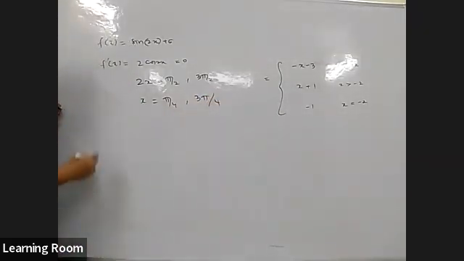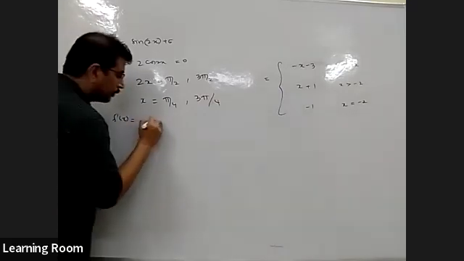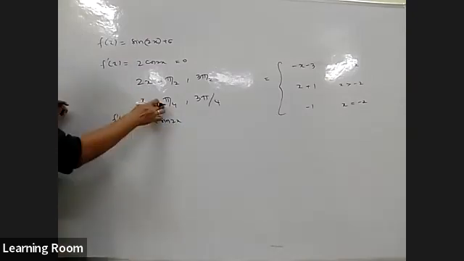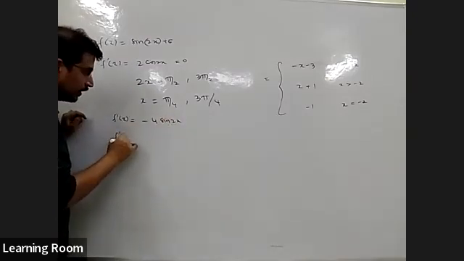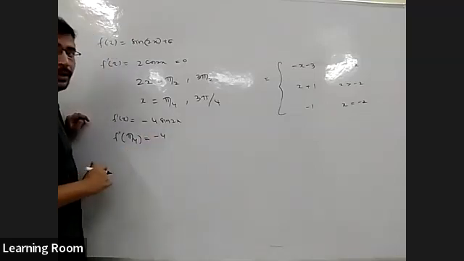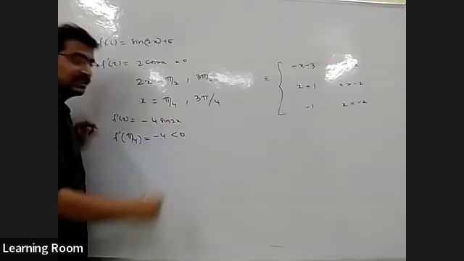Correct? So what is f double dash of x? Minus 4 sin 2x. This pi by 4 is absolutely clear. F double dash of pi by 4 is minus 4 sin pi by 2, which is minus 4 only, less than 0.